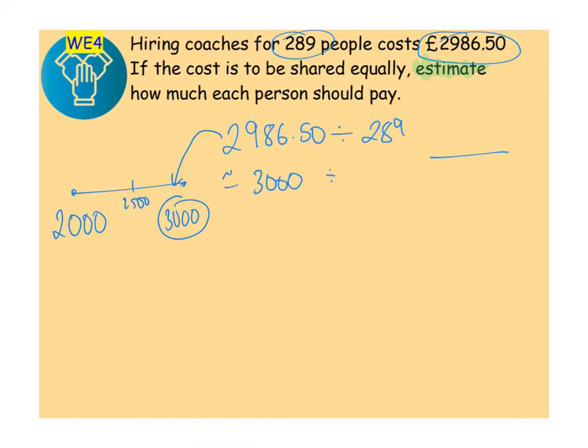And for this one, I'm going to be between 200 and 300. 250 is in the middle, so I'll use 300 because it's bigger than 250. So it's 3,000 divided by 300, which is 10. So each person should pay around £10.